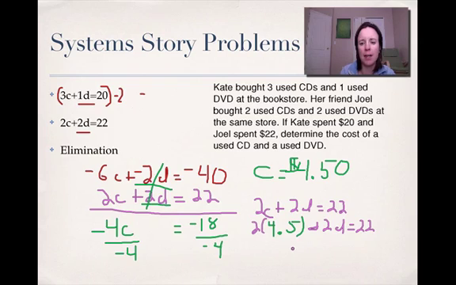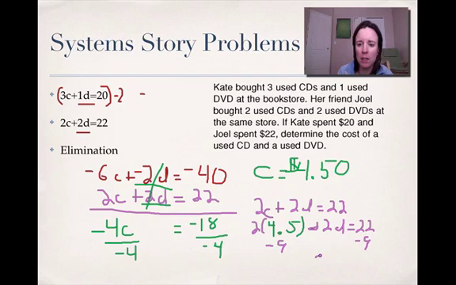So that'll give me a 9. I'll subtract 9 from both sides. I'm going to kind of skip a little bit just because I'm running out of room. Again, because 2 times 4.5 gives me 9.